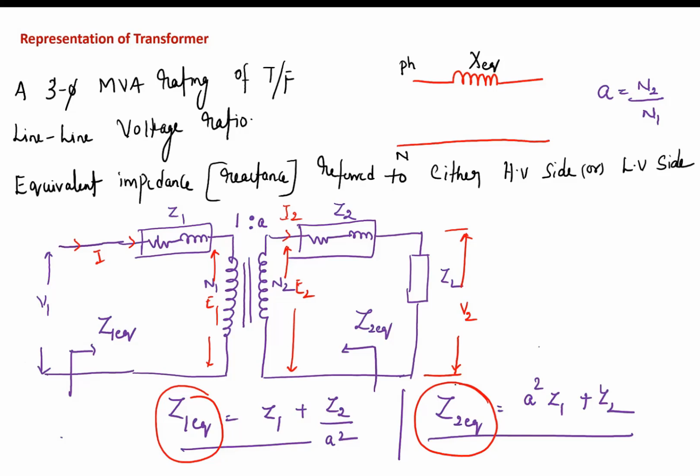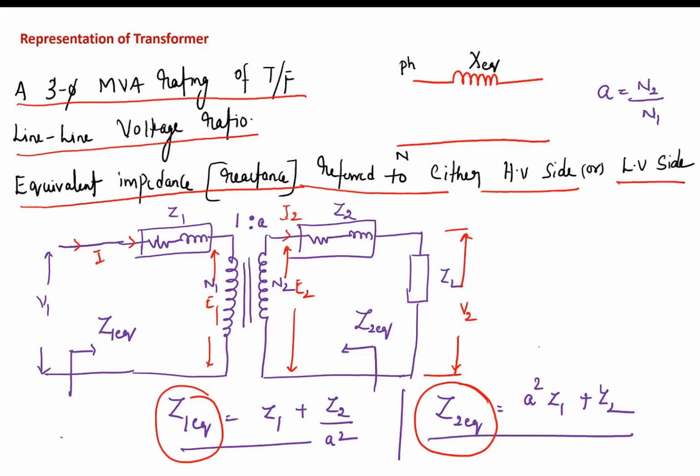So the three important things are the three-phase MVA rating of the transformer, line-to-line voltage ratio of transformer, and equivalent impedance. Mostly they will give reactance, referred to either HV side or LV side. That will be the data required for the power system analysis with respect to transformer.